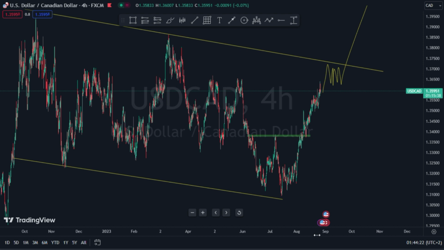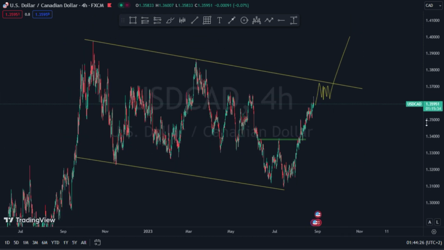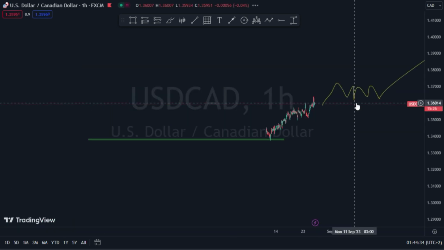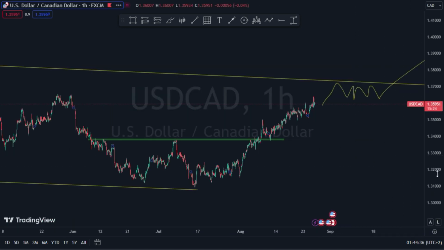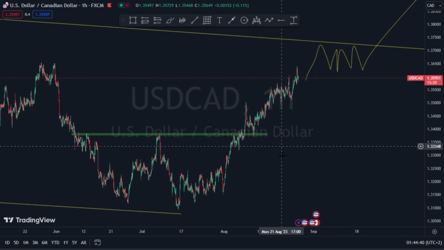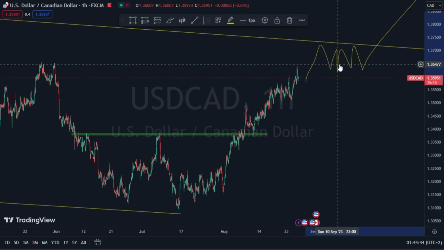So that is what I'm expecting from this market. I'm expecting a continuation pattern when I go further onto the lower time frame, maybe on the 1 hour time frame. I expect this USDCAD to present me with a continuation pattern to move with it to the upside.